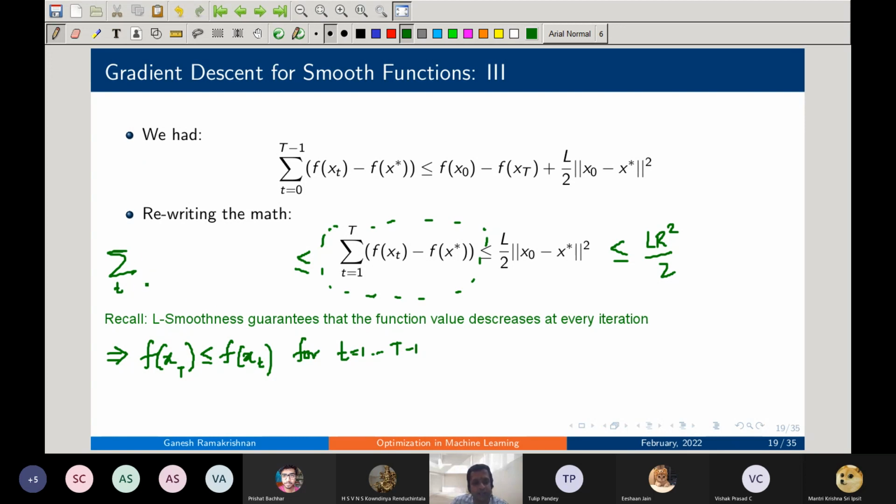So because of that, now I can just plug in f of x_T consistently here. Okay, so I'll just say this f of x_t, I'll replace with f of x capital T. Of course, there's an outer bracket minus f of x star, which is as it is.